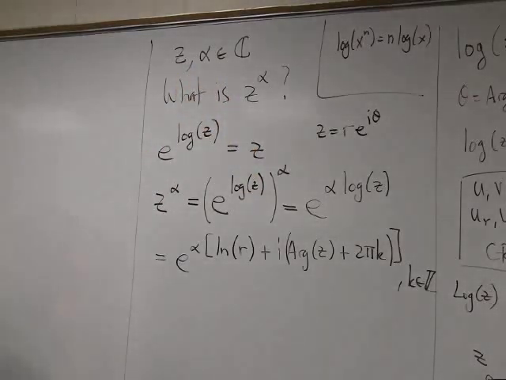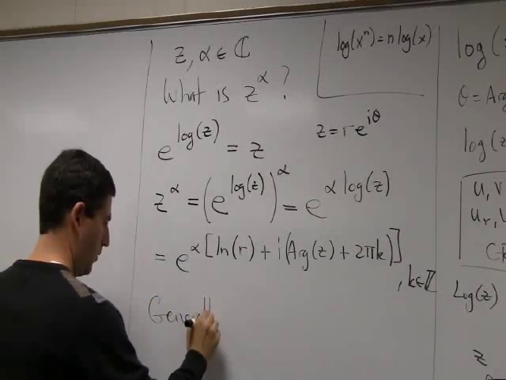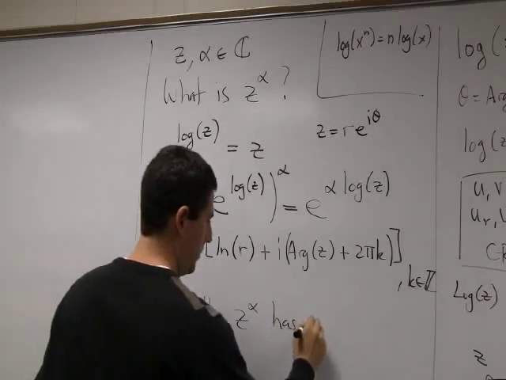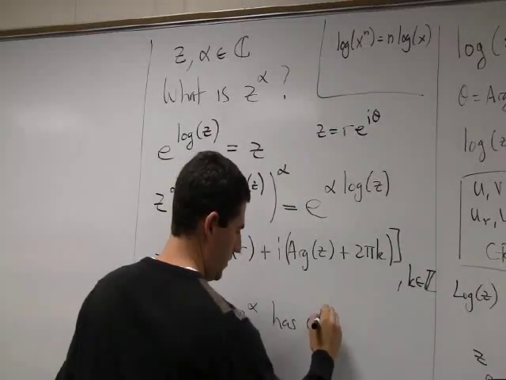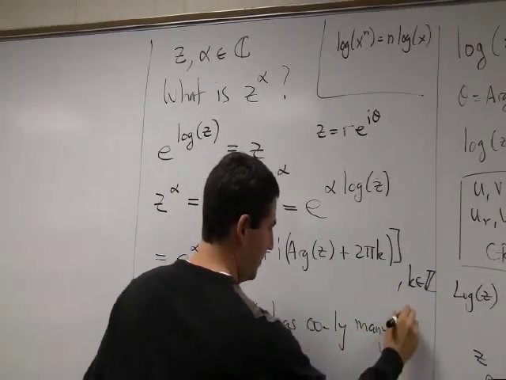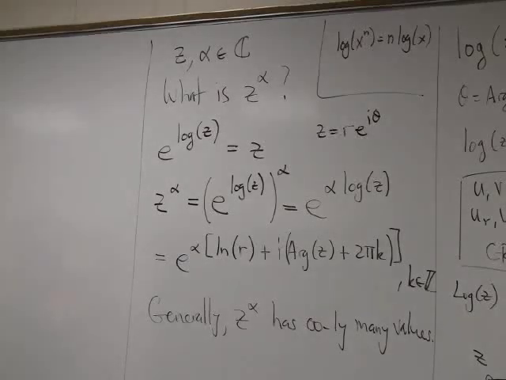So generally, z to the alpha has infinitely many values.